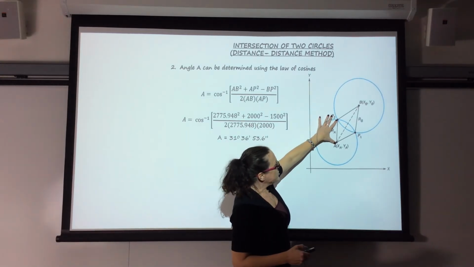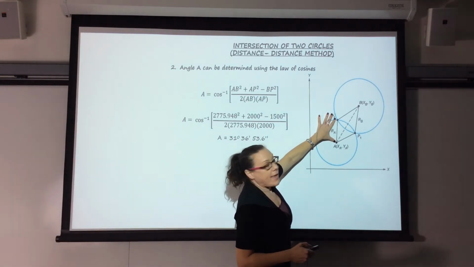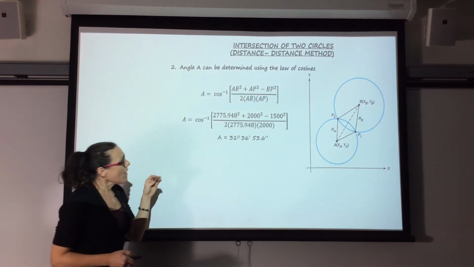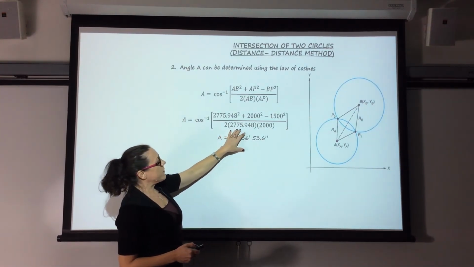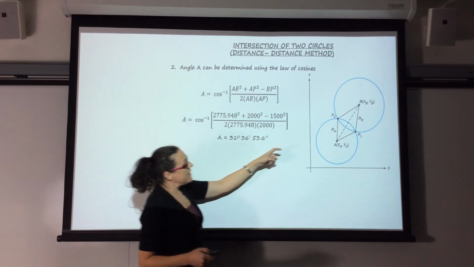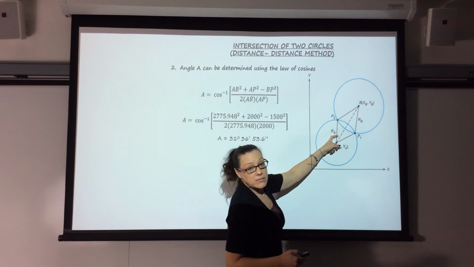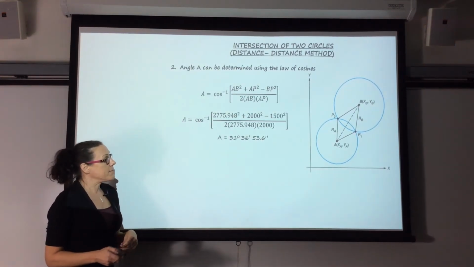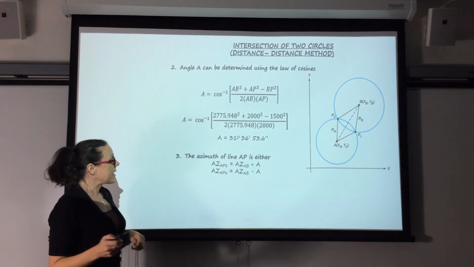Remember, AP is just going to be our radius at A, and BP is going to be our radius B, all divided by the distance from AB and AP. So the angle here, and it's half my angle, is 31 degrees, 36 minutes, and 53.6 seconds.